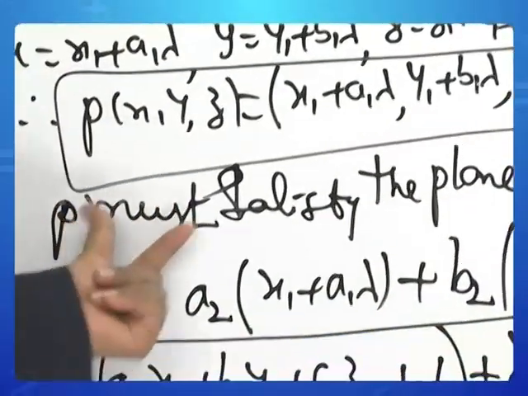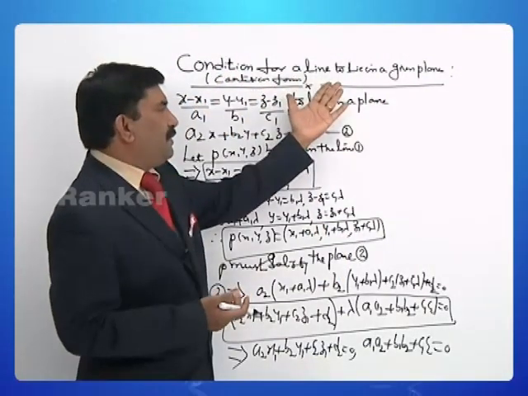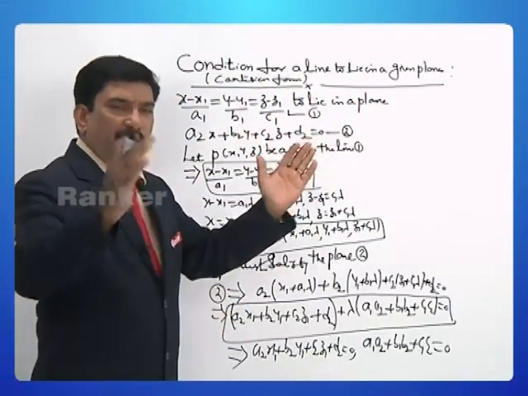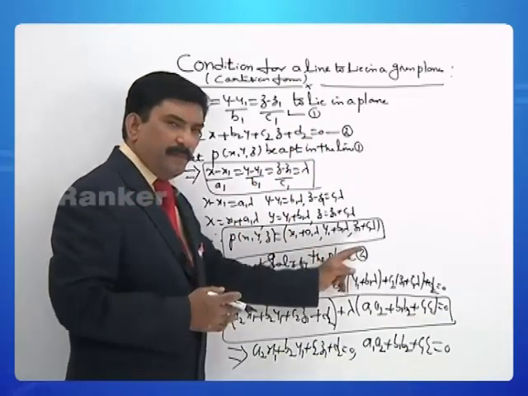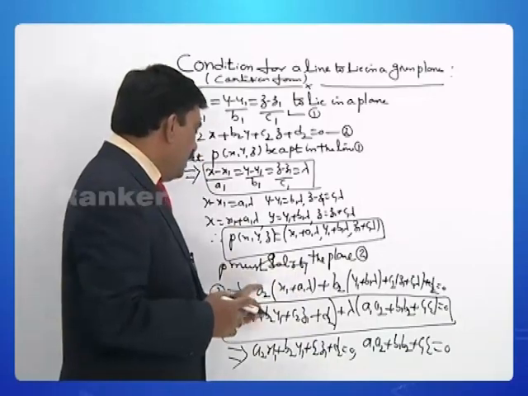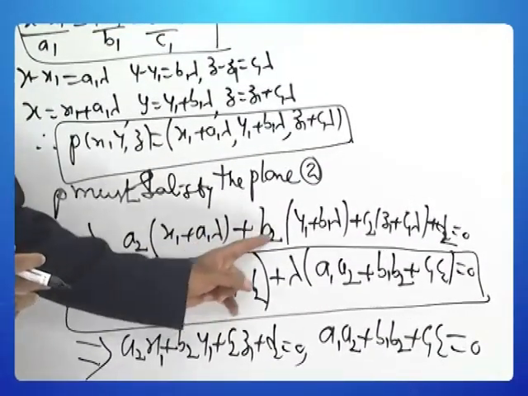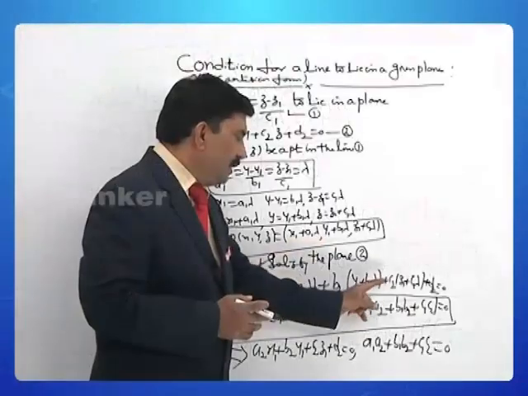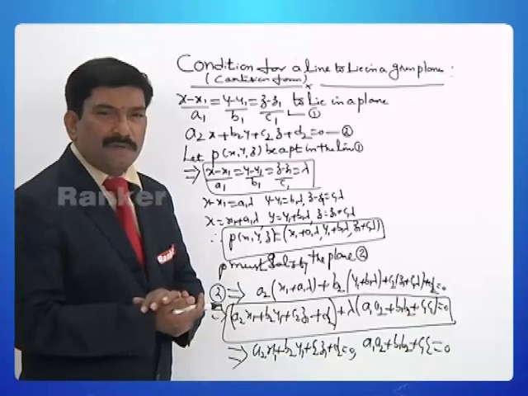Now, since P must satisfy plane 2, the condition for a line to lie in a given plane, a2 into (x1 plus a1 lambda), b2 into (y1 plus b1 lambda), c2 into (z1 plus c1 lambda), plus d2 is equal to 0.